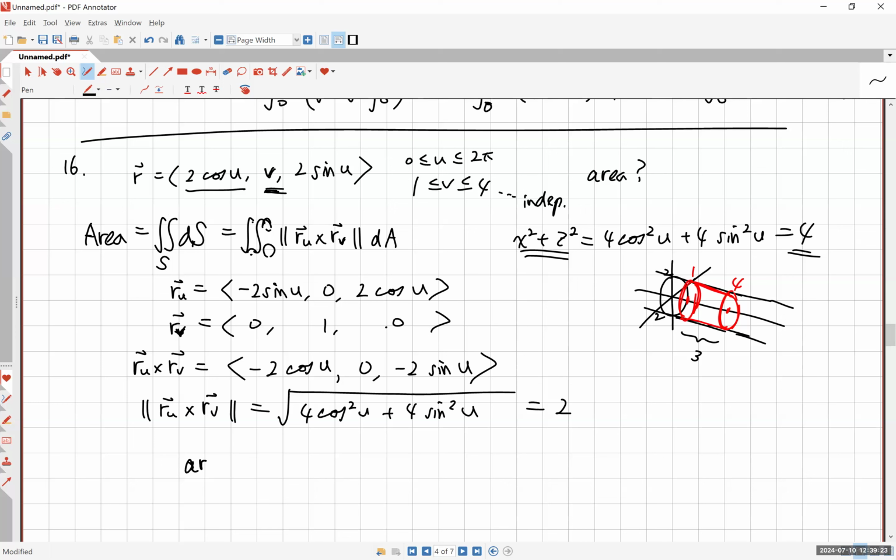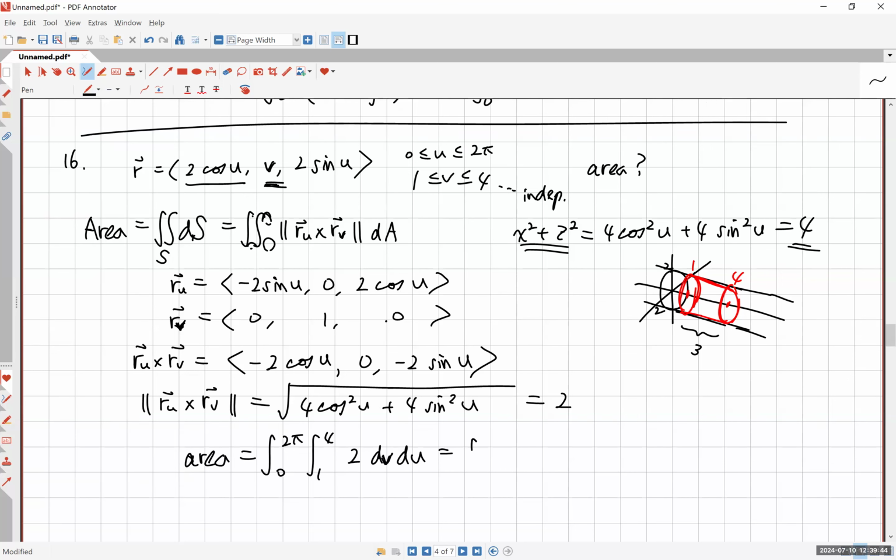So what is the area? Area of this circle. Let's see, I'm going to do dV dU. So U goes from 0 to 2 pi, V goes from 1 to 4 of 2 dV dU. This double integral, when evaluated, will give you the area of that cylinder.